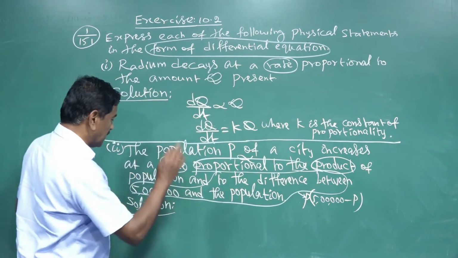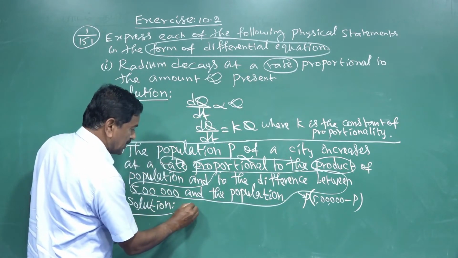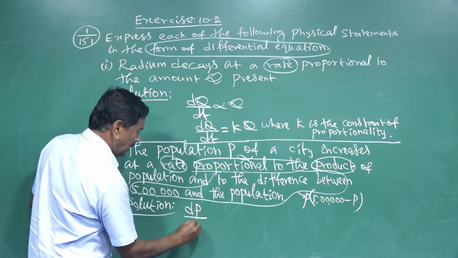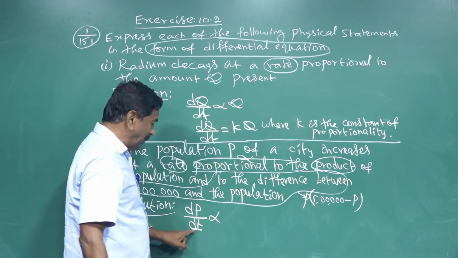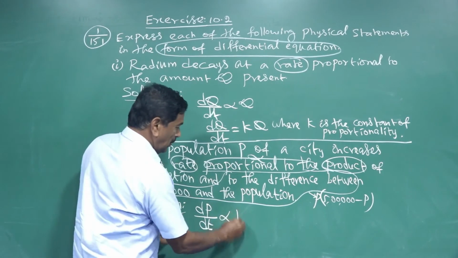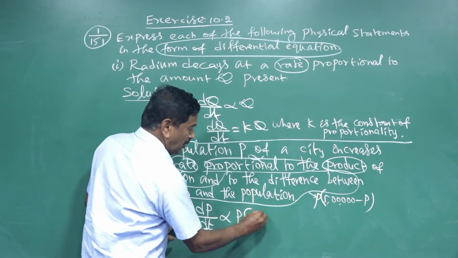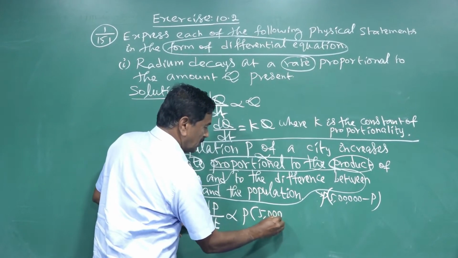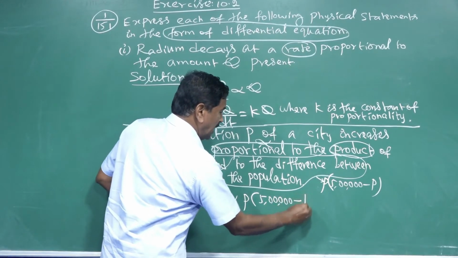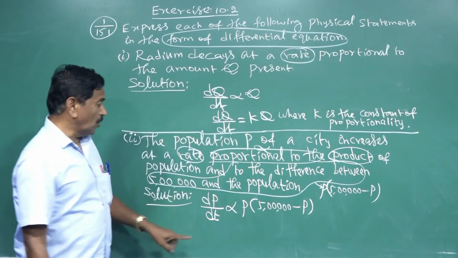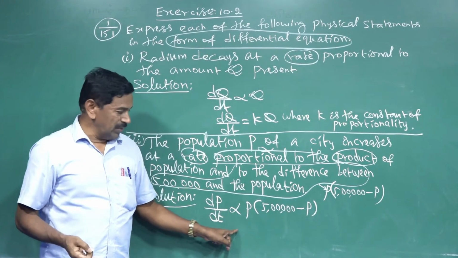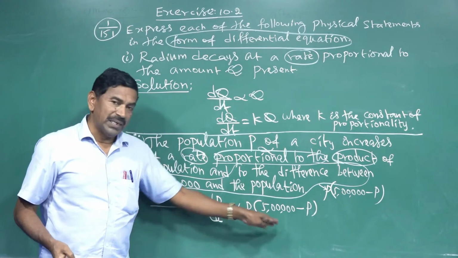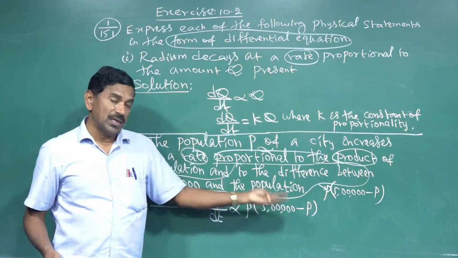That's all. Listen to the first line. The solution is very simple. dP by dt is proportional to P into 5 lakhs minus P. Now remove proportional and put equal, and multiply by some constant k, where k is the constant of proportionality.